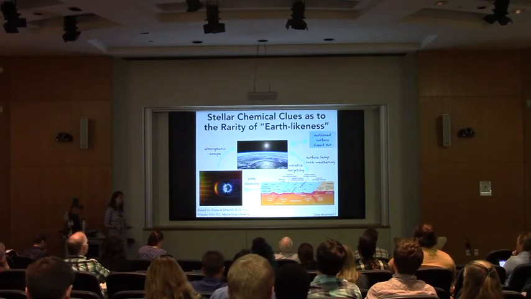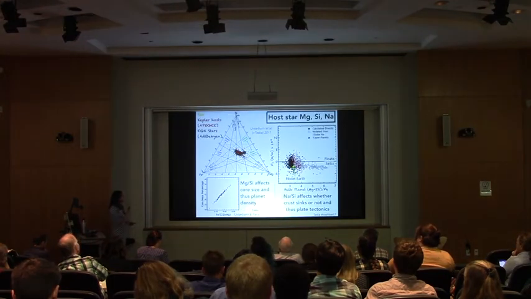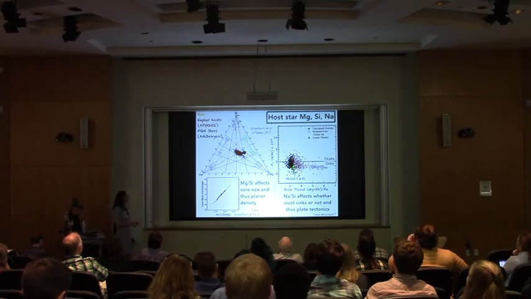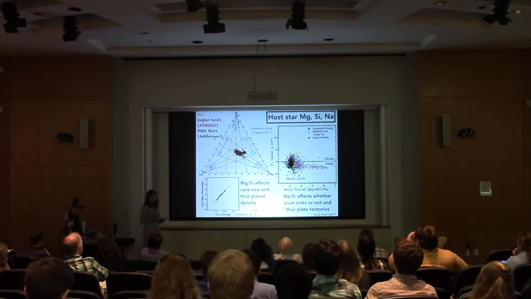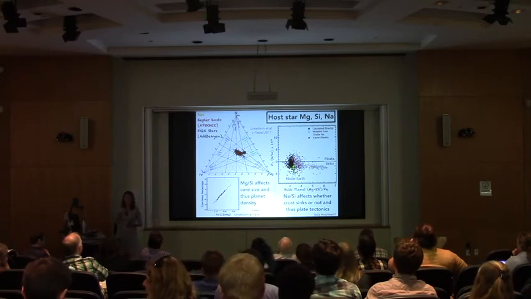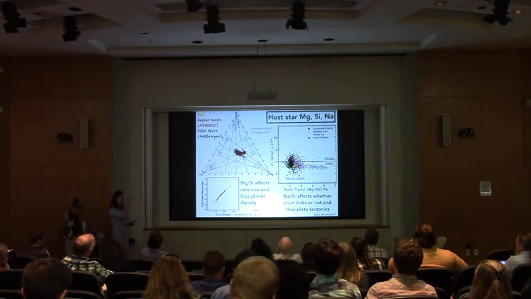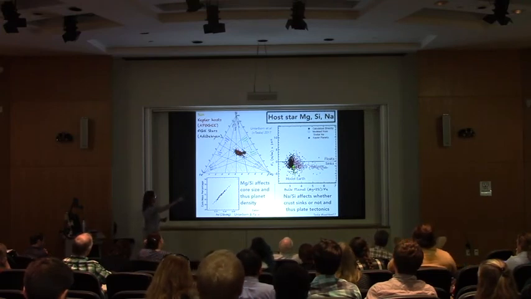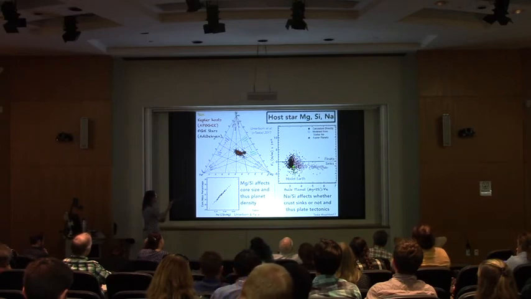I'm starting to tackle this question with several people, including Cayman Unterboard, who I mentioned. So a few papers that we have out or are working on. One is looking at how likely it is for a planet to have plate tectonics by seeing whether it would have a composition of plates that would float or sink. On the right plot, we're looking at this as a function of the bulk planet composition, the magnesium, silicon and iron abundances.